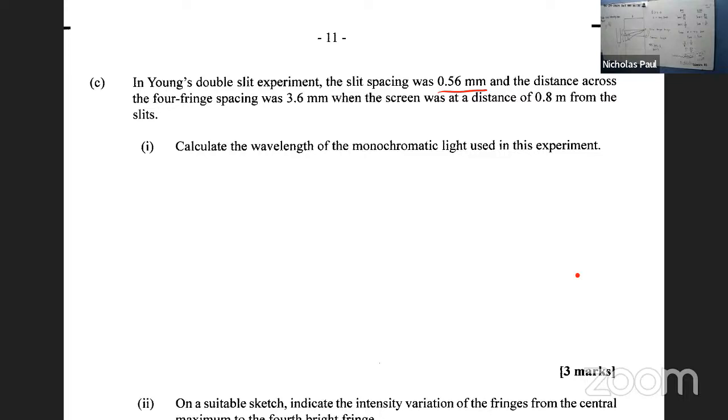They didn't specify. Yes, the formula we're using is y is equal to D lambda on a, right? Lambda is equal to y a on D, right?